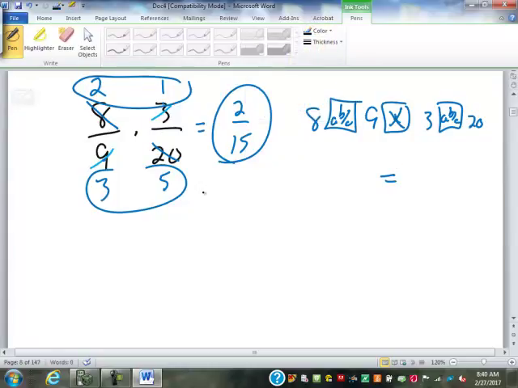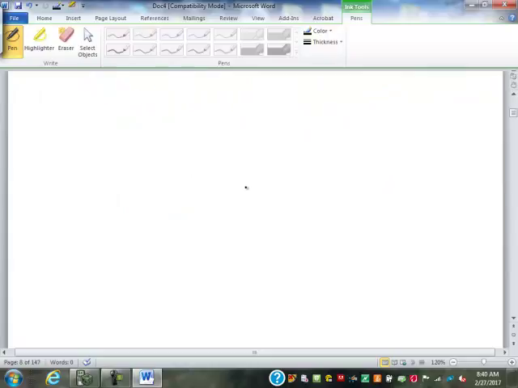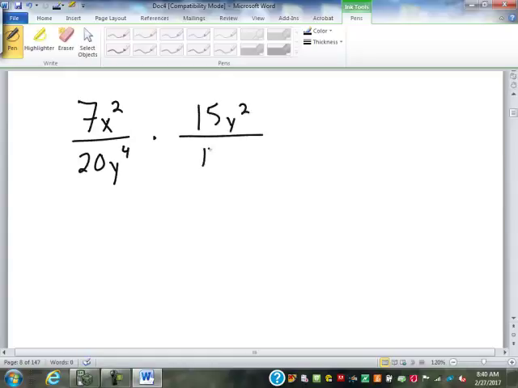However, we're going to also look at problems that look something like this. We're going to throw the variables in there.